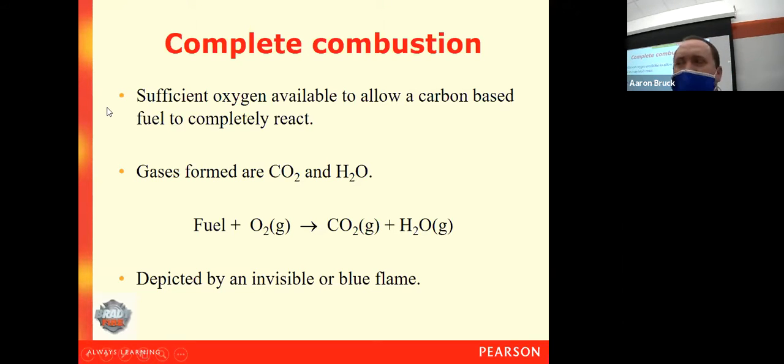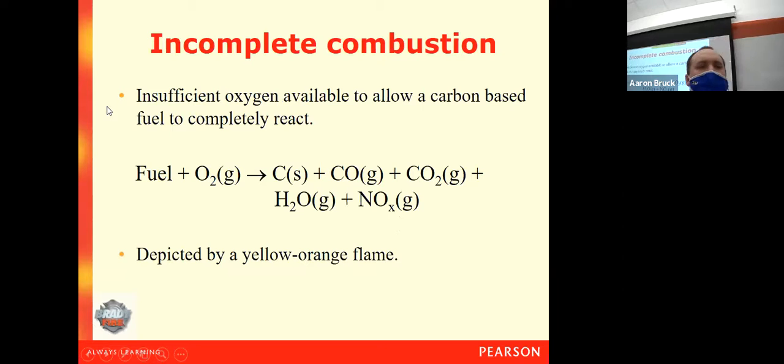But when we don't have enough oxygen present, we end up getting incomplete combustion. Now, incomplete combustion is such that we don't have enough oxygen present, so the chemical reaction starts taking shortcuts. Those shortcuts are designed to continue to break down the fuel, but do it in such a way that it doesn't use up as much oxygen per molecule.